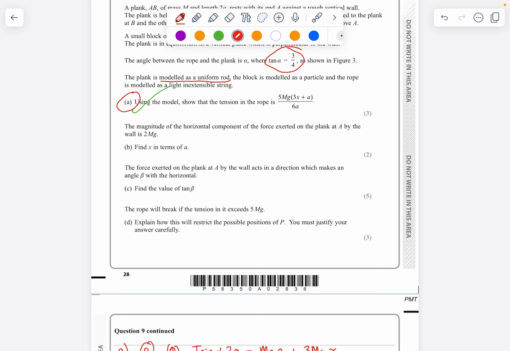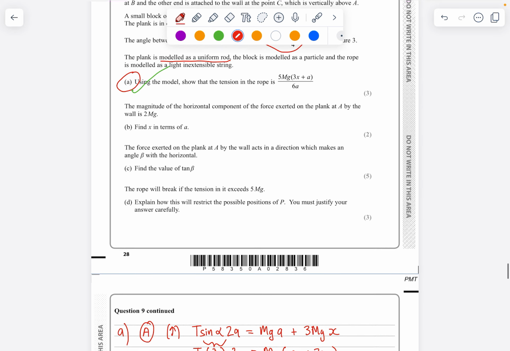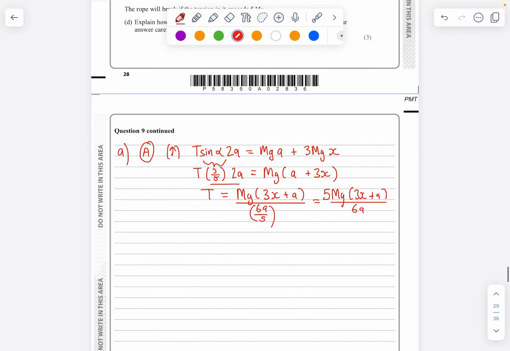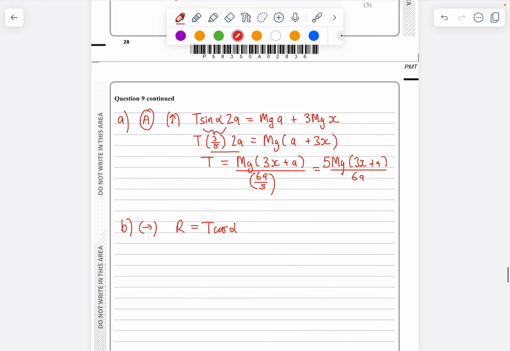Now, they tell me the magnitude of the horizontal component of the force exerted on the plank at A by the wall is 2mg. Now I've got to find x in terms of a. So B. We're going horizontally. I know that my reaction force has to be equal to T cos alpha, because they're the only forces in the horizontal plane.